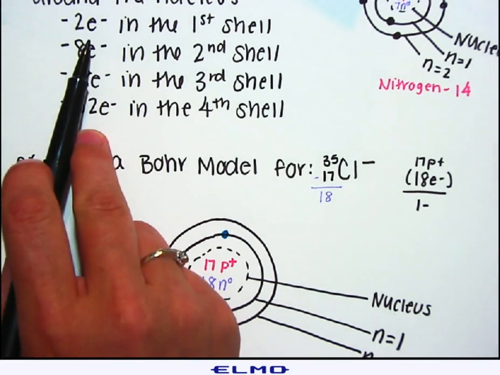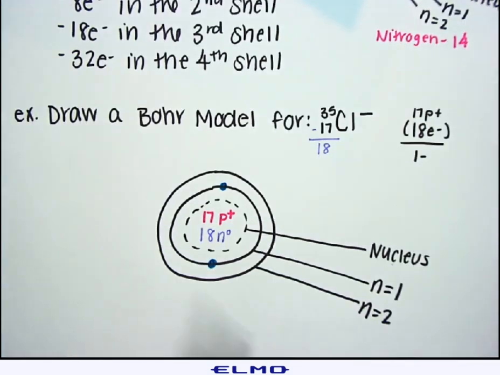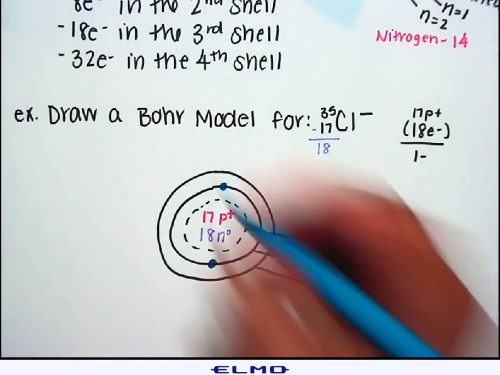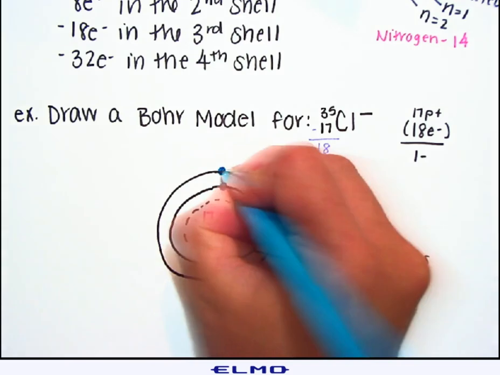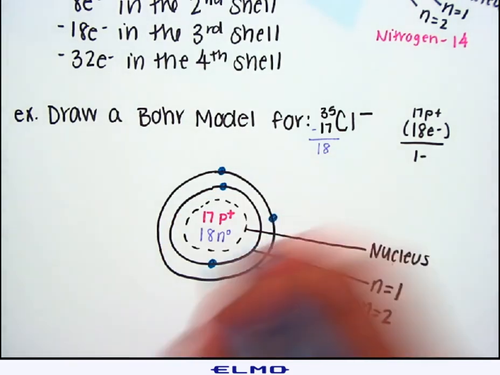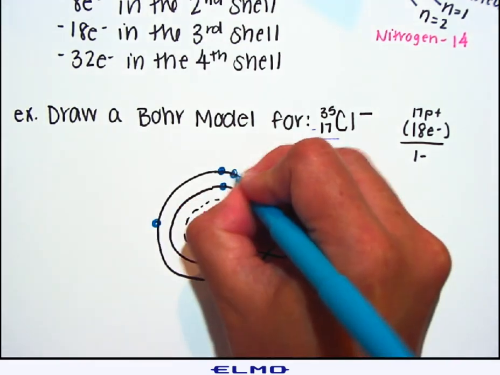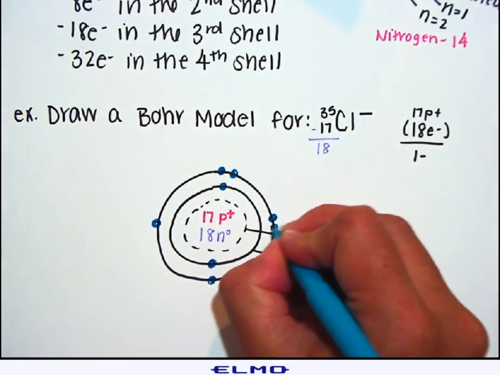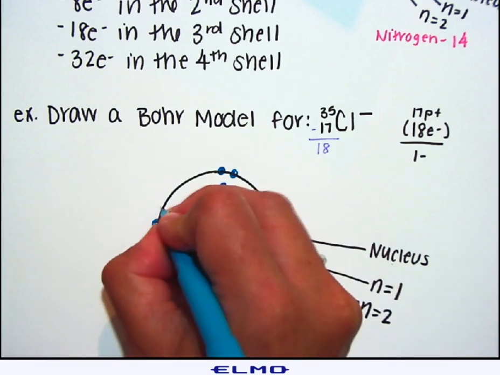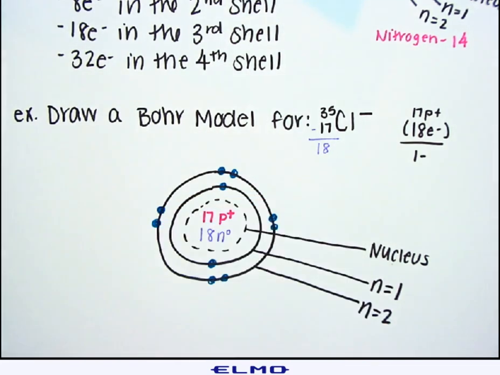My second energy level can hold up to 8. So I already have 2 placed. 3, 4, 5, 6, 7, 8, 9, 10. So 2 in the first energy level, 8 in the second energy level gives me 10 total.